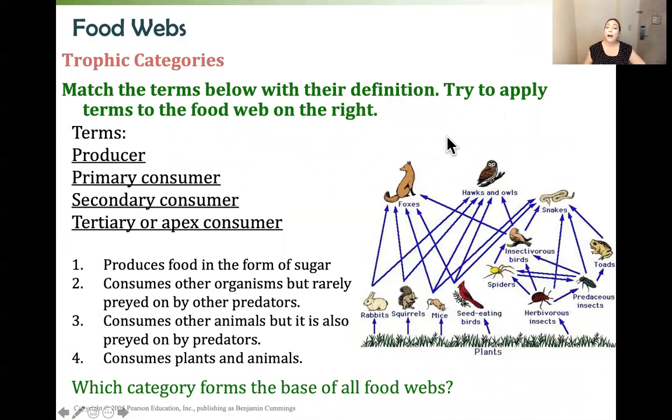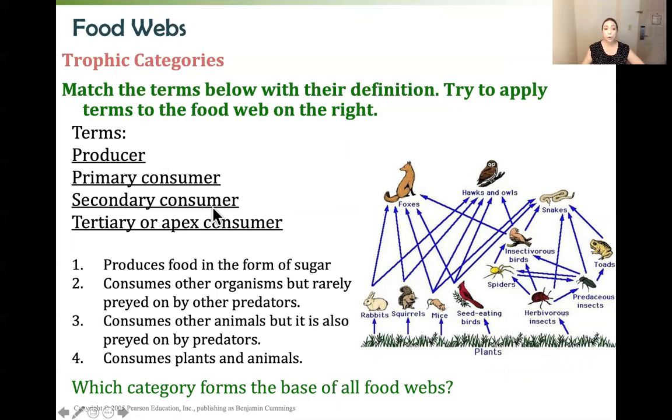So now I would like you to take a second and do this, or you can do it later after you're done watching the video. I'm trying to get my box out of the way here. Okay, so I gave you some terms and I want you to match them to their definition. And then I said, try to apply the terms to the food web on the right.